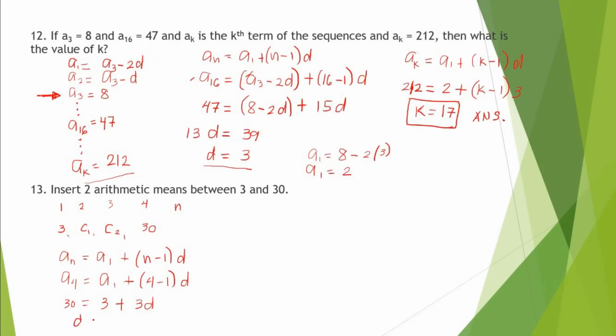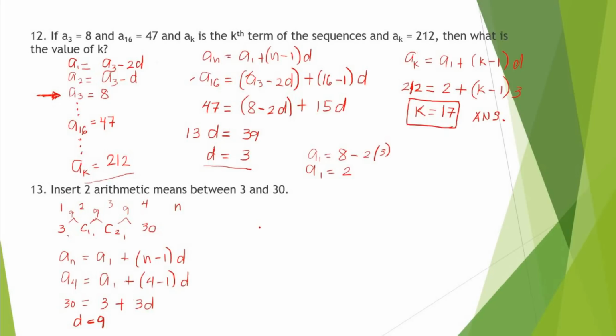Our d should be equal to 9. So we now know our d. Therefore, the common difference is equal to 9.